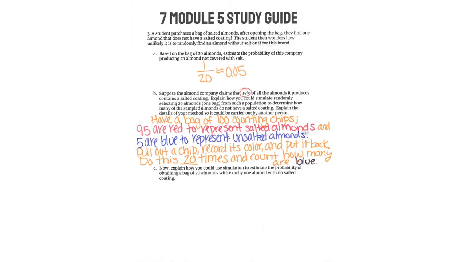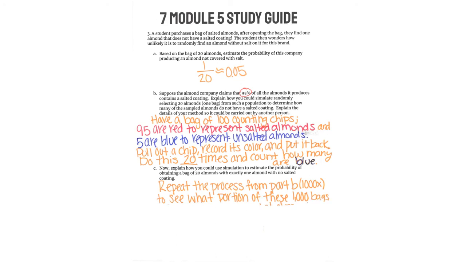So, again, we will want to repeat the process that we came up with above about 1,000 times to get a good indication of how many times, when we buy a bag of these almonds, are we only going to get one?